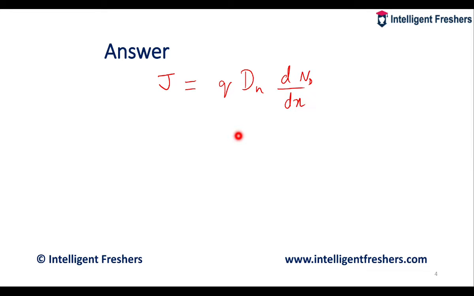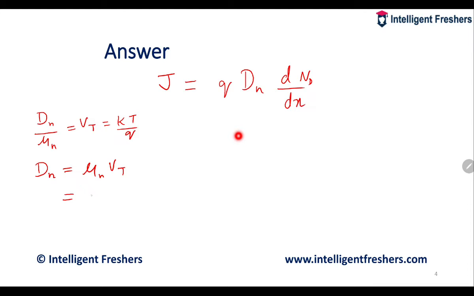Now we know that D n by mu n is equal to Vt, or kT by Q. So from here we can get the value of the diffusion constant first: D n equals mu n into Vt. What is the value of mu n?